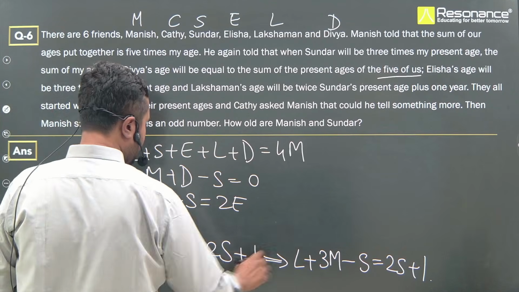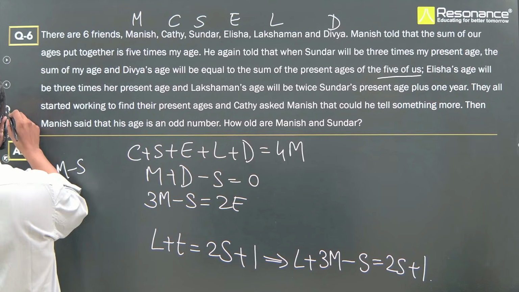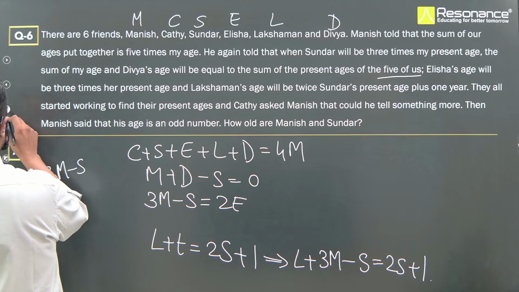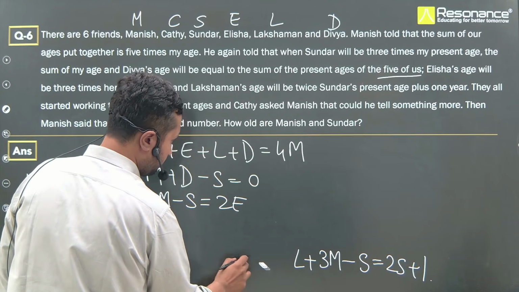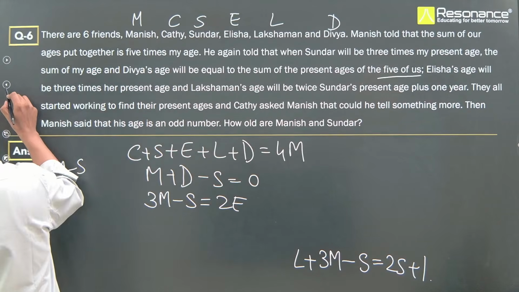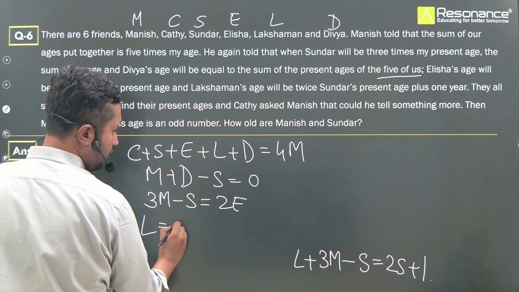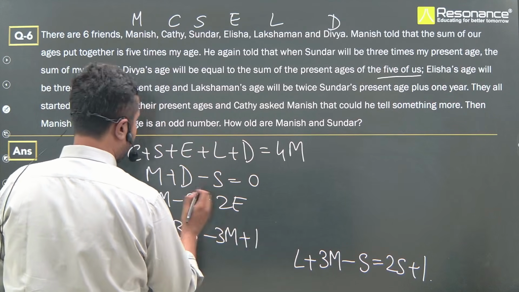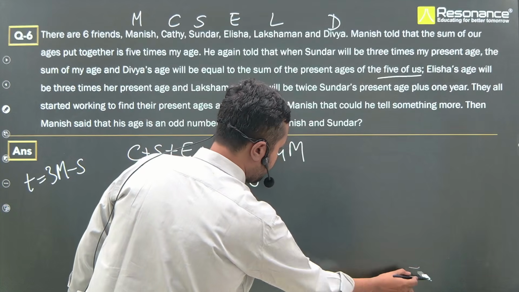And the last equation over there is telling you that L is equal to 3S minus 3M plus 1. Now we can get rid of this equation.